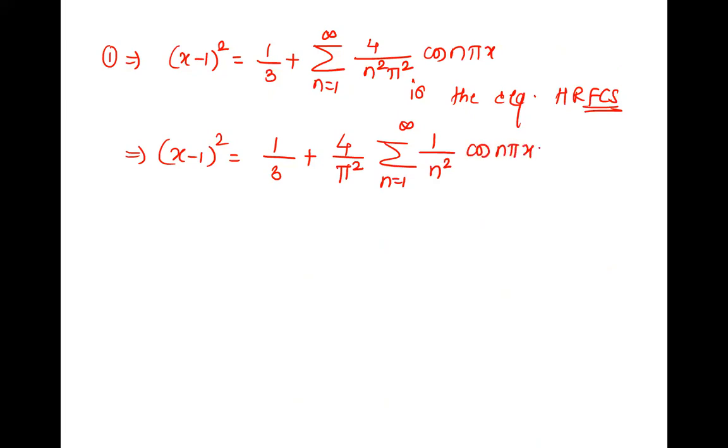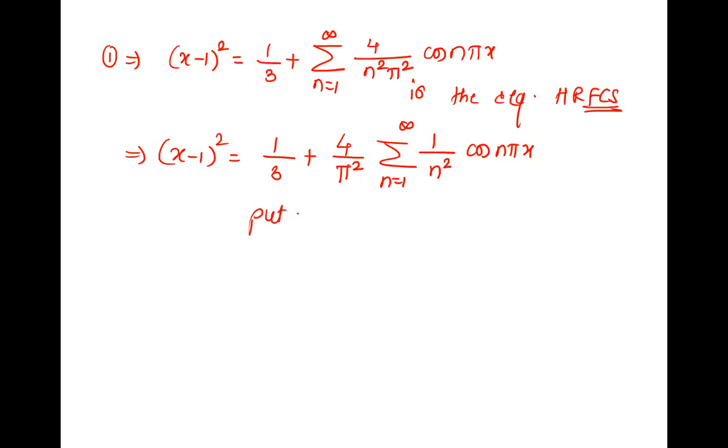Tell me the choice of x so that this cos value is 1. If x is 0, then for any n, 1, 2, 3, whatever, cos 0 is always 1.